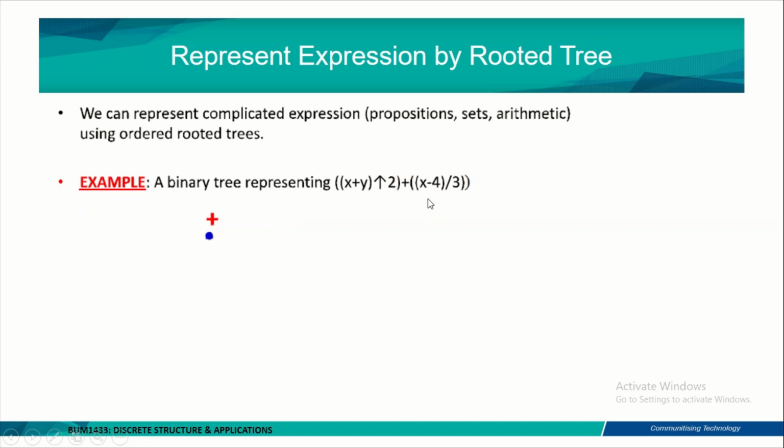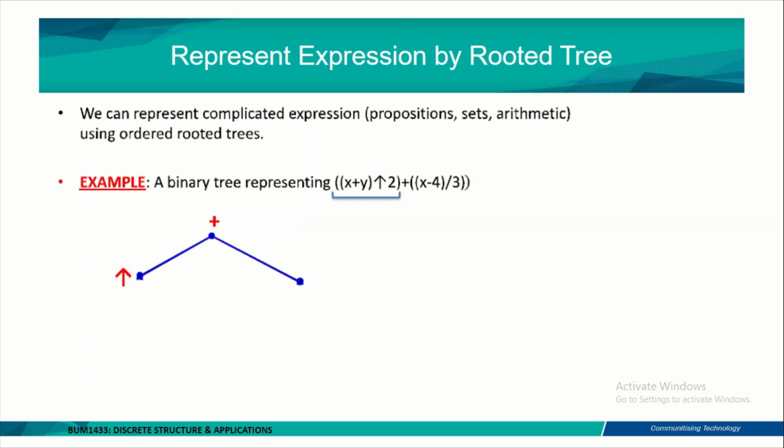So the first expression is for the left side of our tree. We see here we do not choose inside the bracket, we choose outside the bracket first. So we have the bracket x plus y, power of 2. Since we do not choose inside the bracket first, we choose the operation power here.